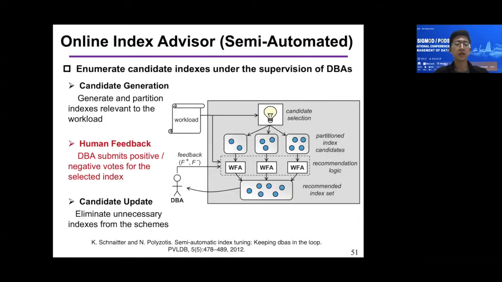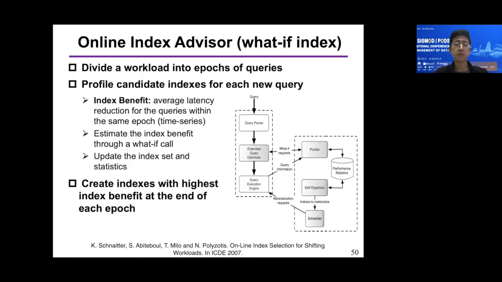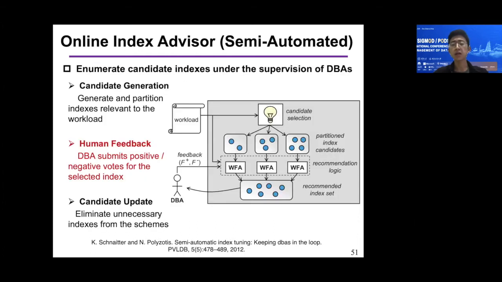However, with the what-if-based method, it is laborious to require human beings to design the what-if calls. So another idea is that we just use the DBAs to estimate whether the selected indexes are good or not, and other things are left to the automatic algorithm. So there is a semi-automatic index selection method.